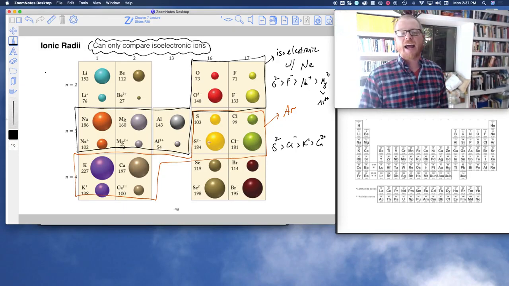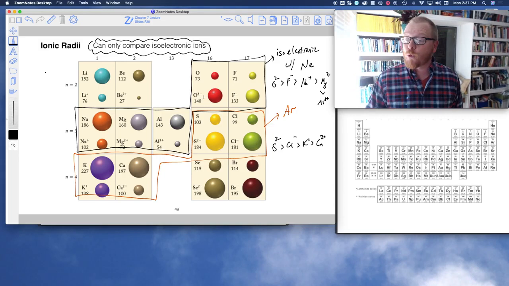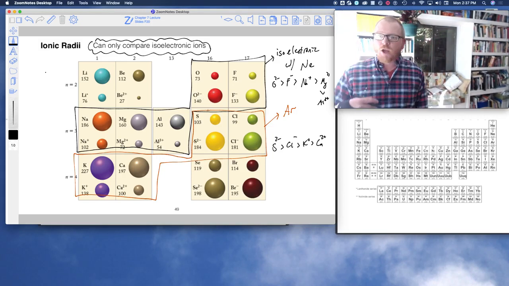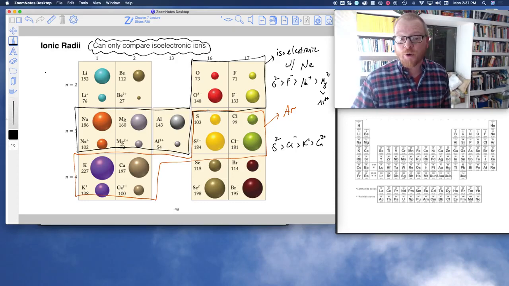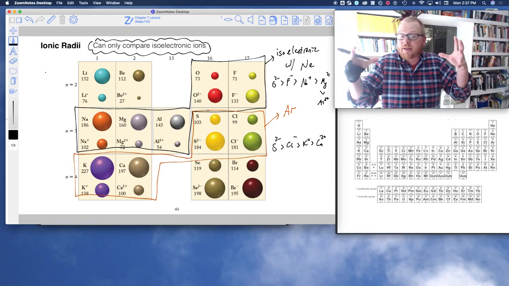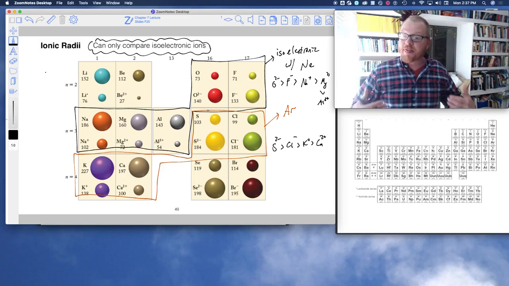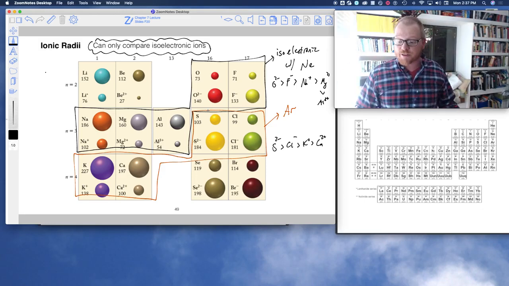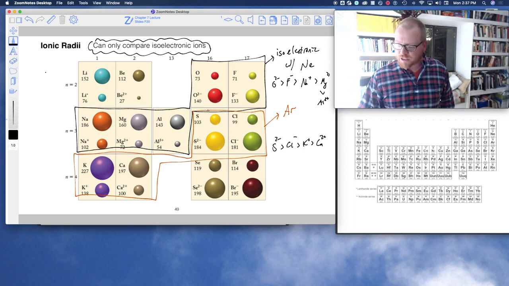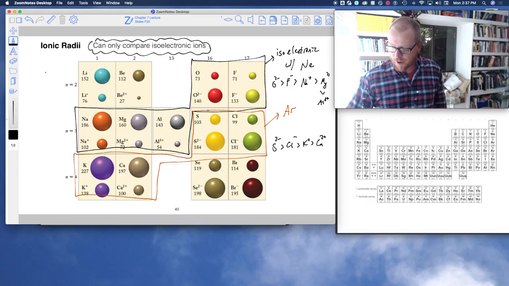When I add 2 more electrons to oxygen, those electrons are repelled and interfered with by the other electrons. They push themselves out a little bit because they're negatively charged and don't want to interact with the other negatively charged electrons. That's why the anions become a little bit bigger.